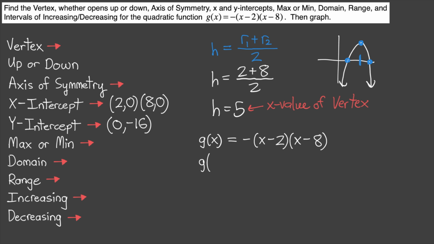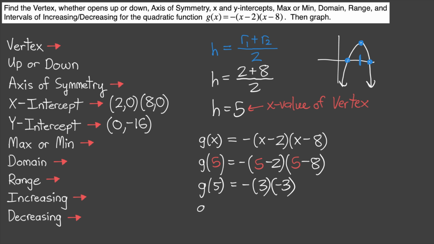So it'll be g of 5 equals negative, and then 5 minus 2. All right, then we simplify. g of 5 equals negative, 5 minus 2 is 3, 5 minus 8 is negative 3. So we get negative 3 times negative 3, which is positive 9. So that tells us our vertex is (5, 9). So we'll go ahead and write that over here.